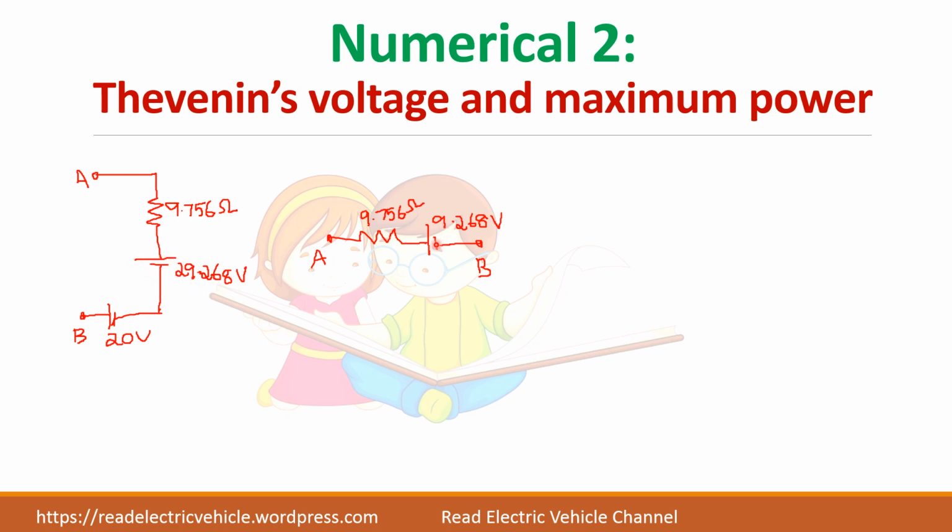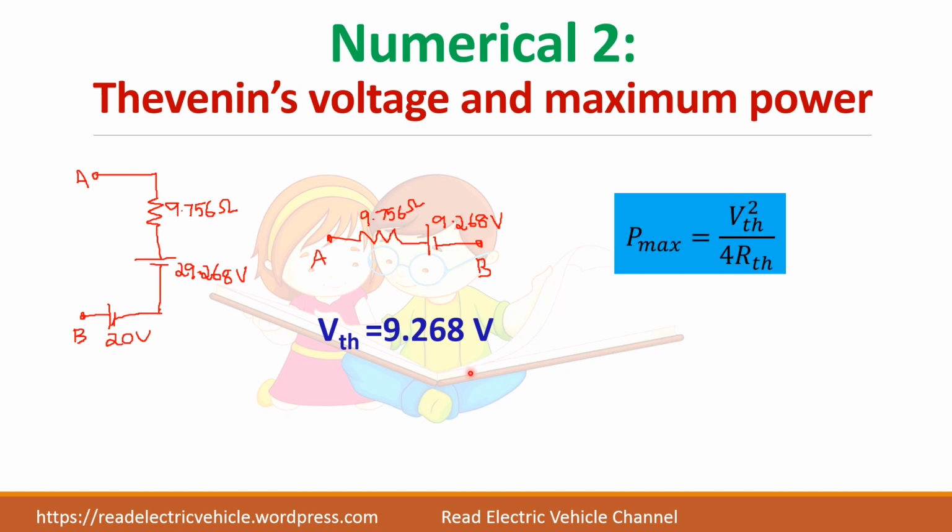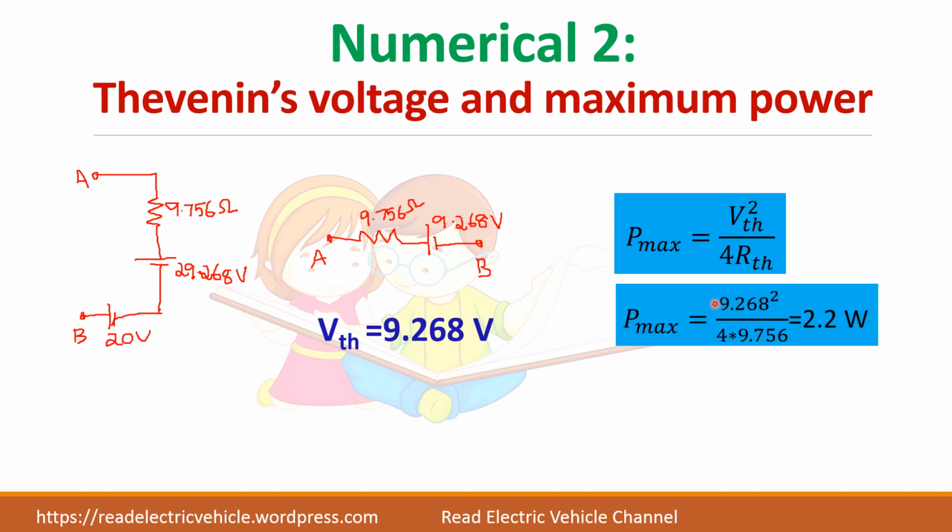So the polarity of your final one should be positive here and negative towards B. So this is the Thevenin voltage VTH. Now let us apply the maximum power formula. VTH is there, divided by 4 into RTH. Already we have found RTH. So this is the maximum power delivered to the load.